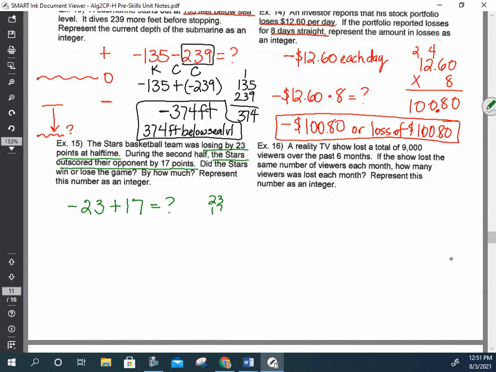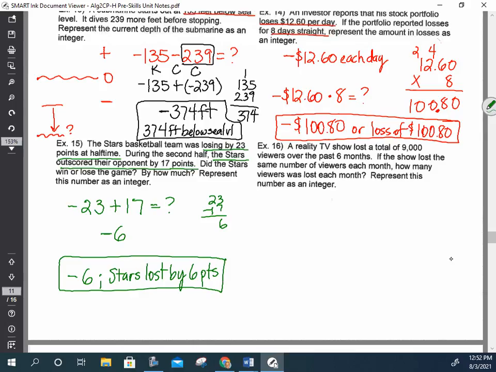So 23 minus 17 is 6. 23 is the bigger number, so the negative sign carries. So the answer is negative 6, which means the Stars lost by 6 points. So they mounted a nice comeback, but they weren't able to close the gap. They lost by 6 points.